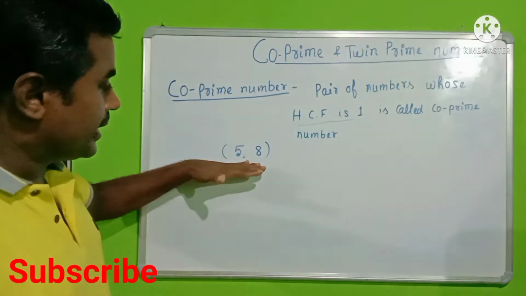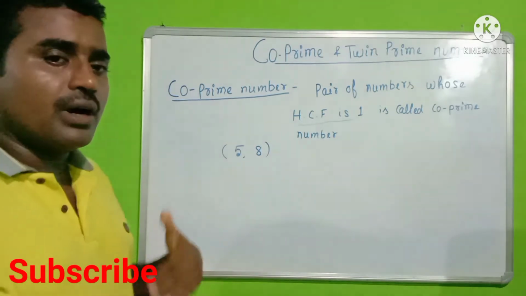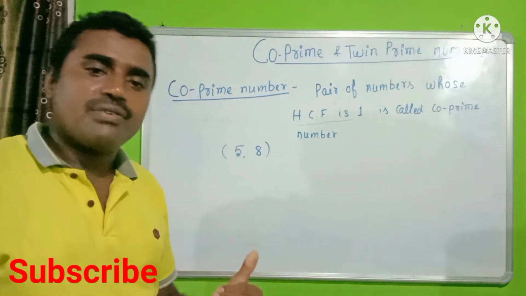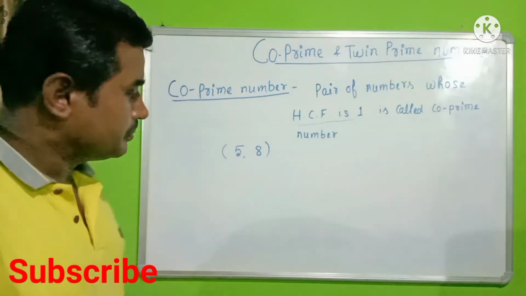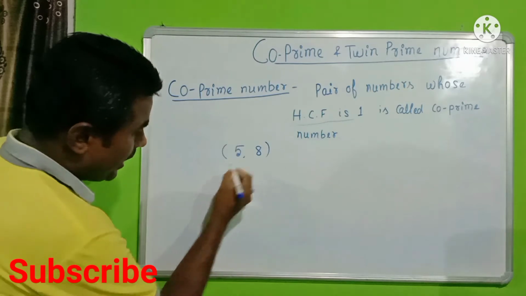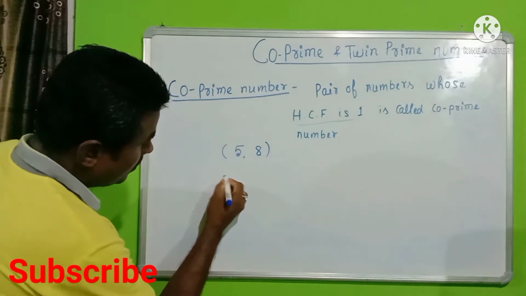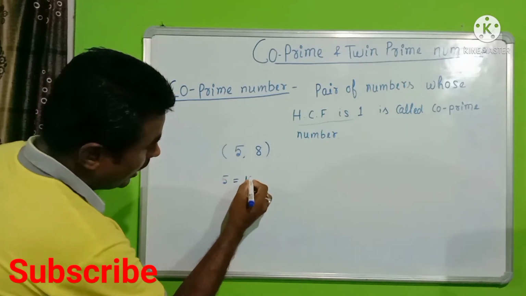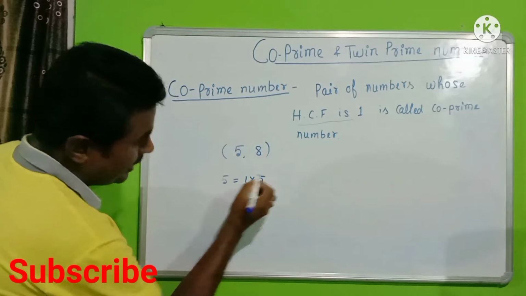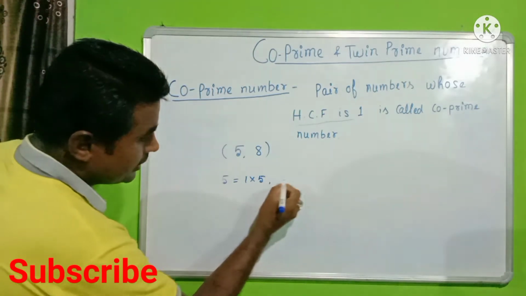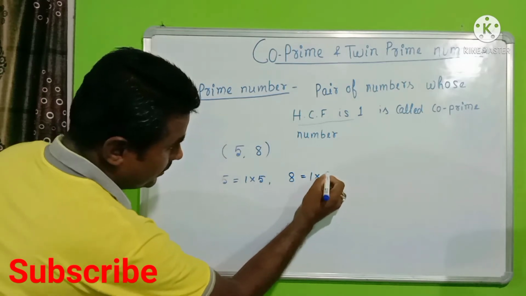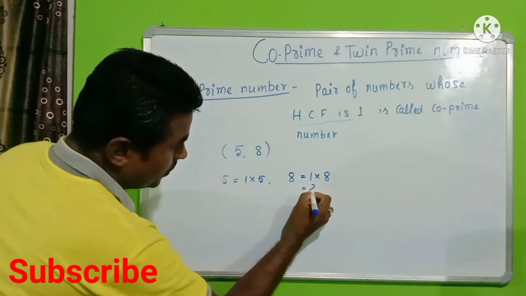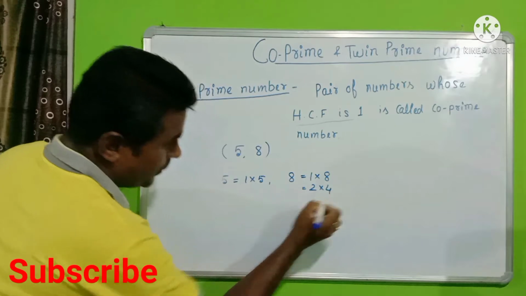To find HCF, we find all factors of 5 and all factors of 8. First 5: 1 into 5. Then 8: 1 into 8, 2 into 4.